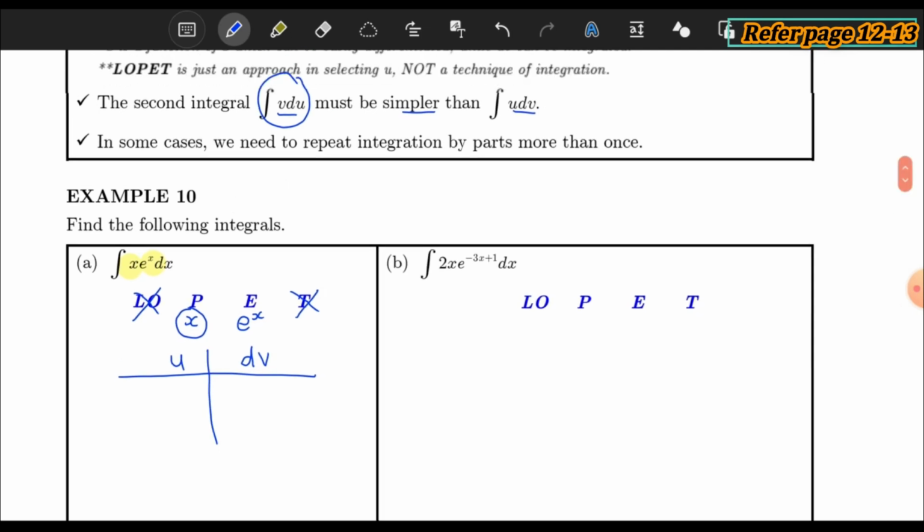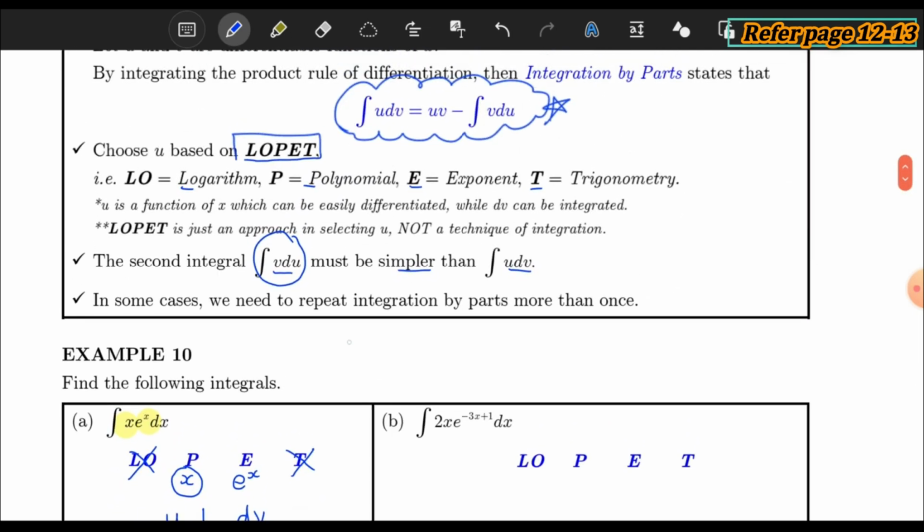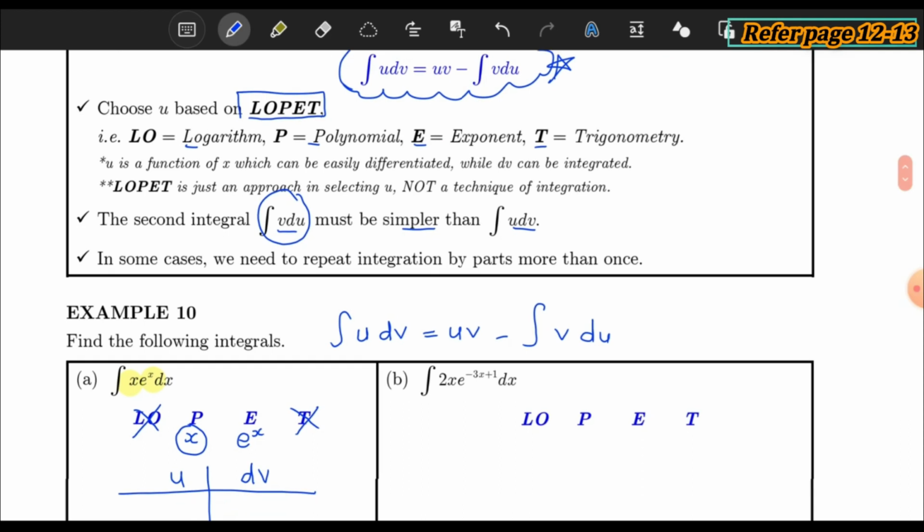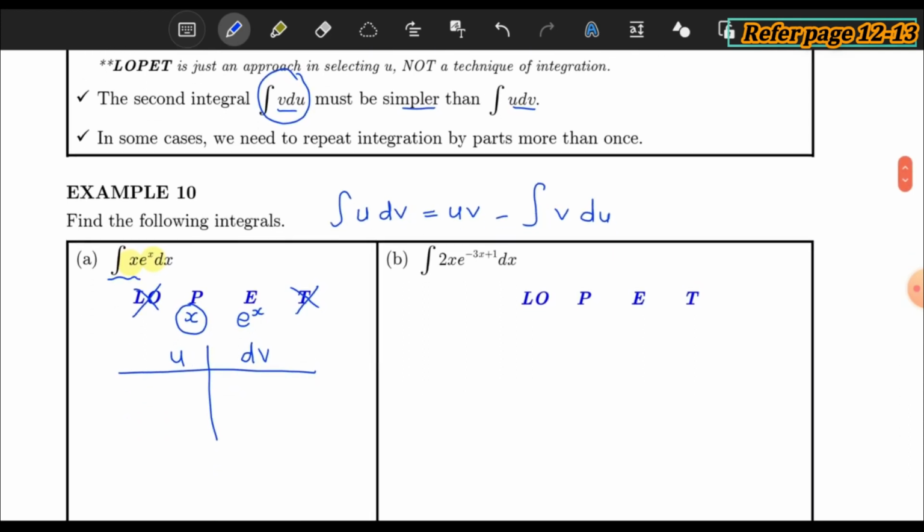Back to the formula, we have integrate u dv equal to uv minus integrate v du. For the given integral here, one will be u and the rest will be your dv.